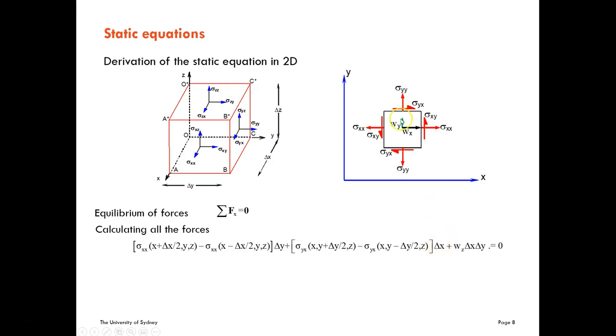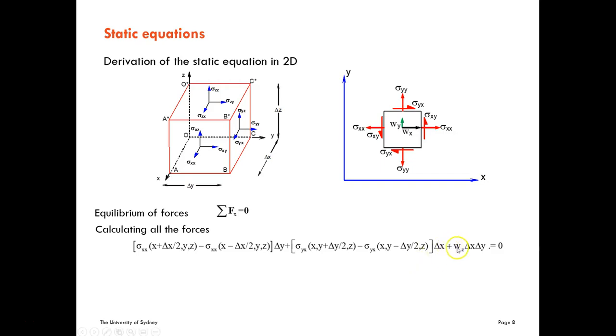And then I have the body force in the x direction, so it's going to be this quantity, that is force per unit of volume, like unit weight, multiplied by the volume, that is delta x, delta y, and delta z. So you can see that everything is multiplied by delta z, but I didn't include it because it's going to be too long and it's not going to fit my space here. But it's a common denominator that you can cancel at the end, delta z.